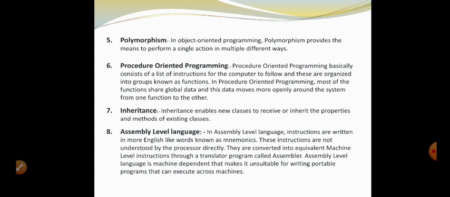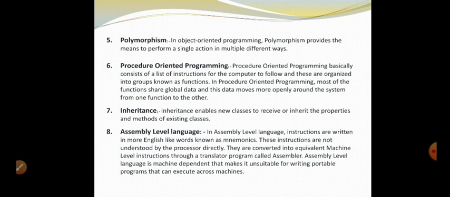And the last one is assembly level language. In assembly level language, instructions are written in more English-like words known as mnemonics. These instructions are not understood by the processor directly. They are converted into equivalent machine level instructions through a translator program called an assembler.